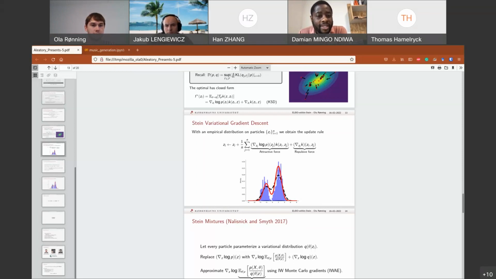So this method is faster than the classical method? That's a great question. It's certainly not faster than SVI with just a normal distribution. But if you choose one particle and put a normal distribution on that particle, you recover SVI.